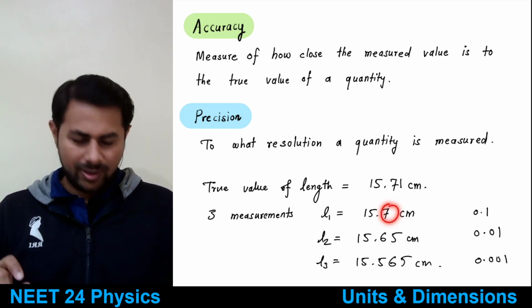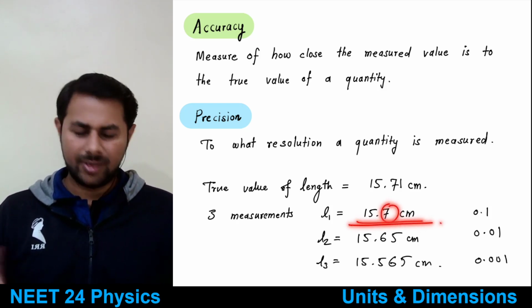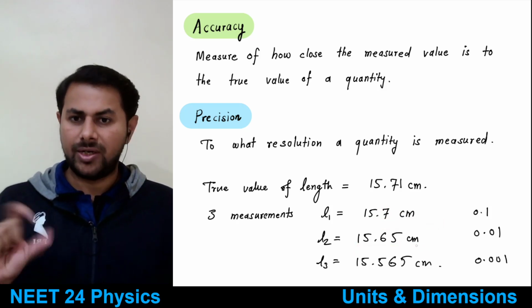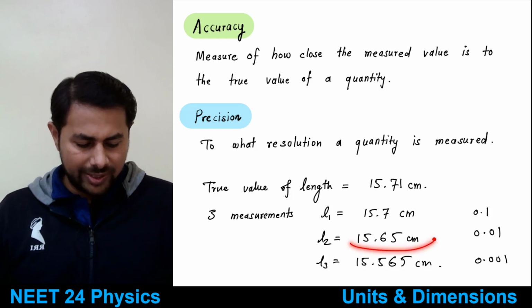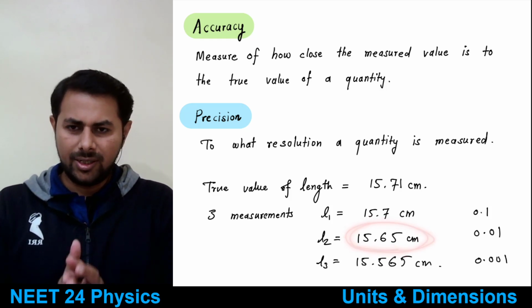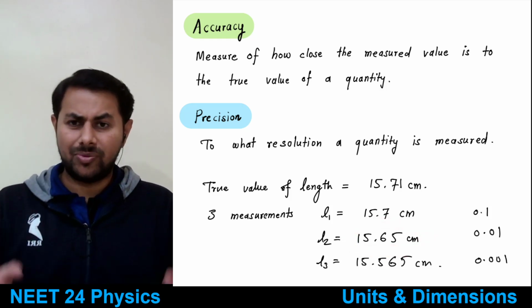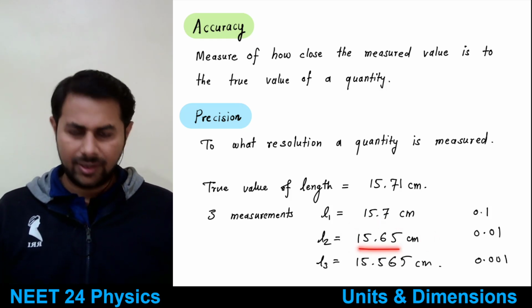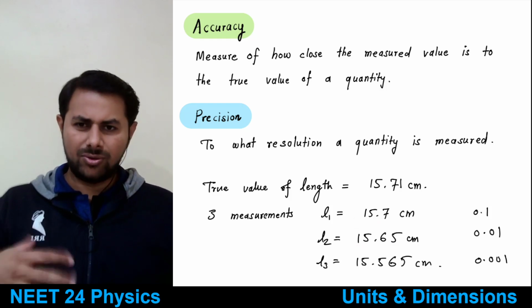Then you might have seen other scales known as vernier scale, which gives the reading more resolved, meaning in more detail compared to the normal scale.